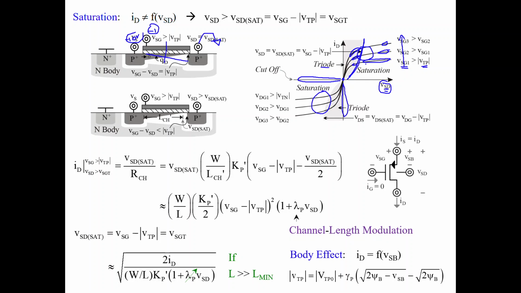Lastly, let's talk about the symbol here, and we're going to remove markers again. Notice that this P plus diffusion is providing all the positive charge carriers into the channel. So we call this the source terminal. Those charge carriers eventually leave out of the other terminal. So the other terminal, we call it the drain terminal.